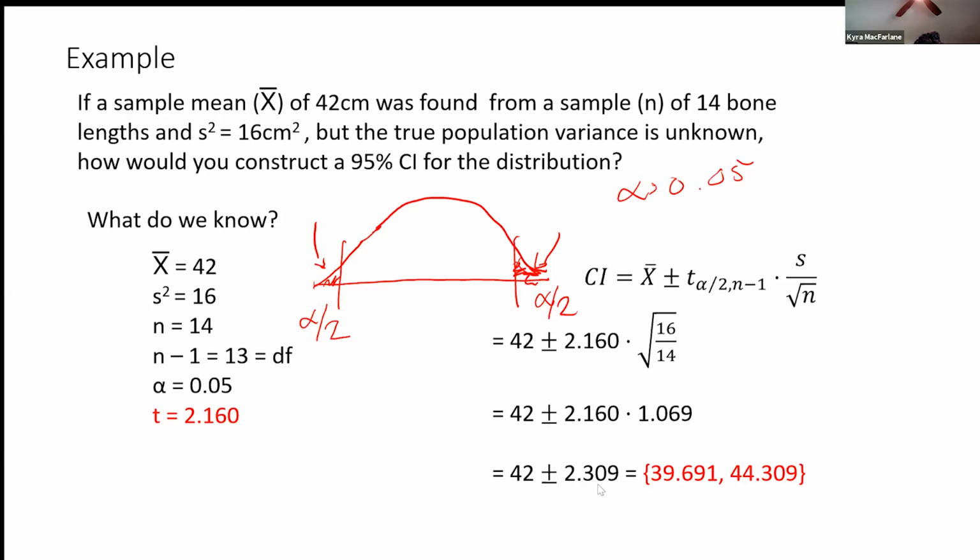When we multiply these two numbers together, we get 2.309. We now have to do 42 plus and minus that. We do minus, we get 39.391. When we add it, we get 44.309.